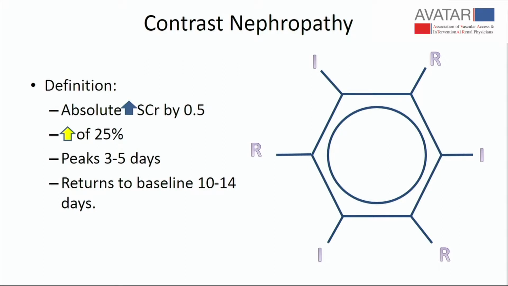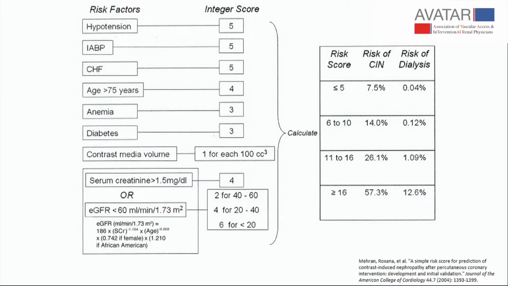The definition of nephropathy is an absolute increase in serum creatinine by 0.5 or an increase of 25%. It peaks typically at 3 to 5 days after contrast administration and generally will return back to baseline within 10 to 14 days. And that is the ASN's definition of contrast nephropathy.